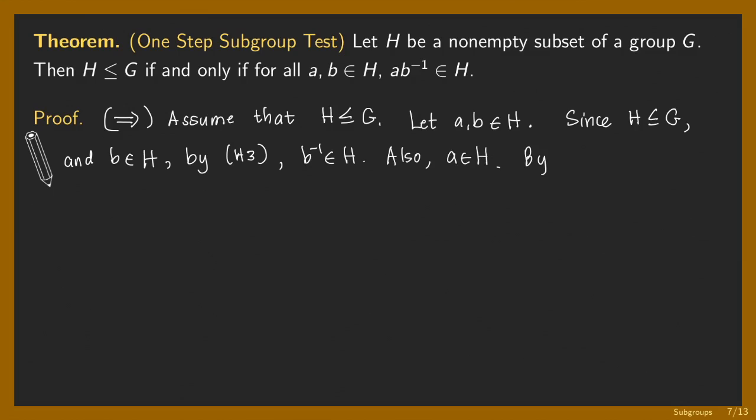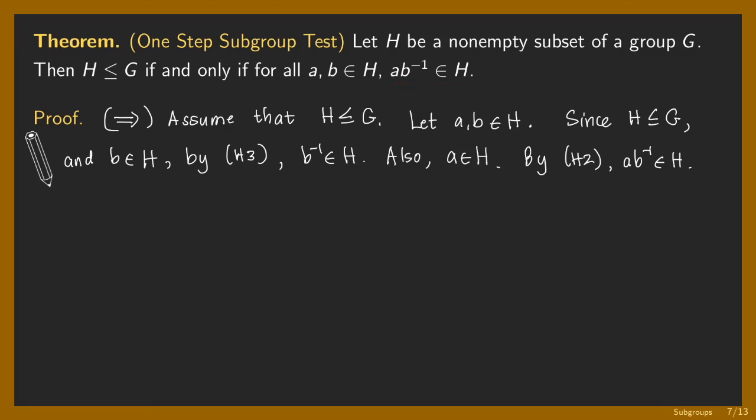Therefore, by H2, if A is in H and B inverse is in H, then their product A B inverse is also an element of H. So we are done. That's what we need to show.